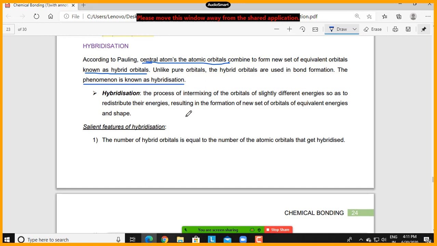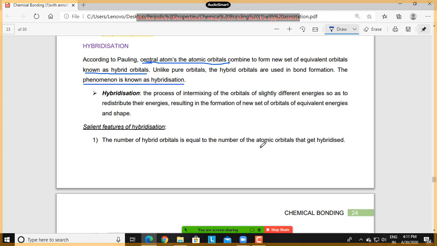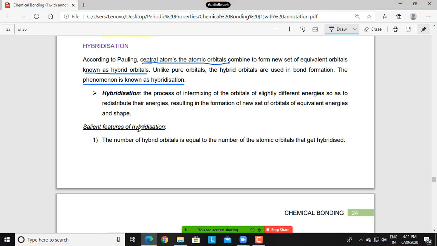Clear? Now some salient features of hybridization, so that we can understand hybridization thoroughly. The first point: the number of hybrid orbitals is equal to the number of atomic orbitals that get hybridized, meaning hybridizing orbitals.